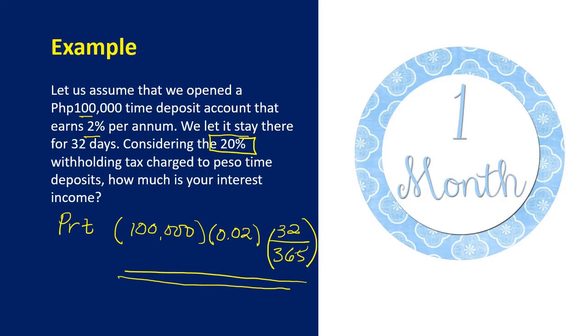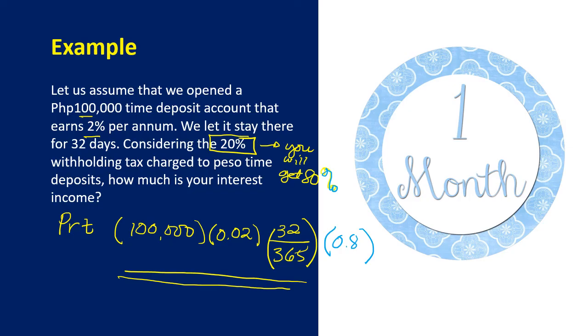What does it mean? If the bank will deduct 20% withholding tax, that means that you will only get 80%. Is that clear? So for the final answer, I still have to multiply it by 0.8.